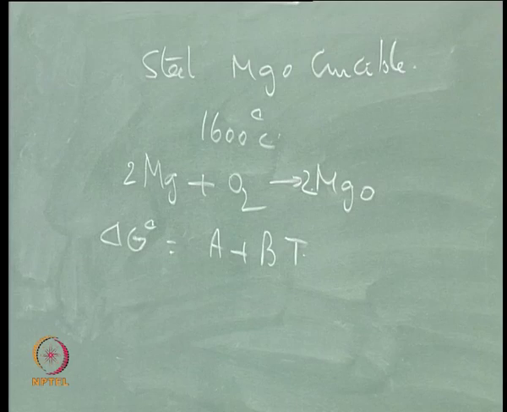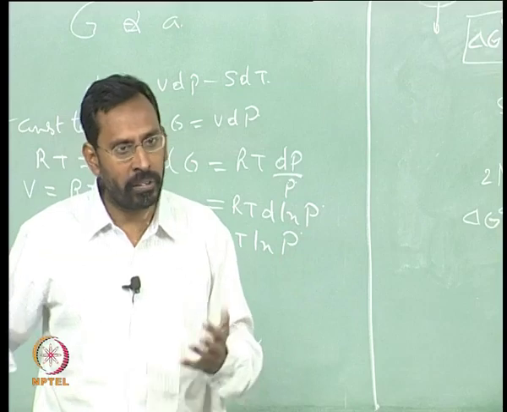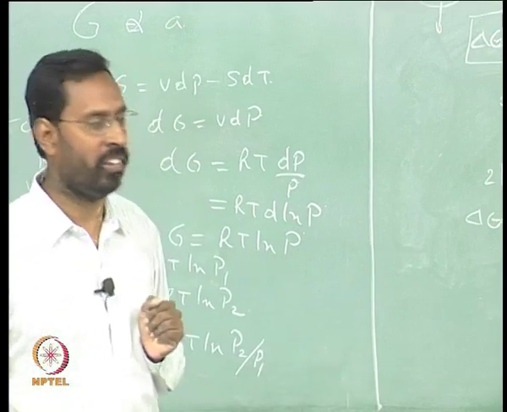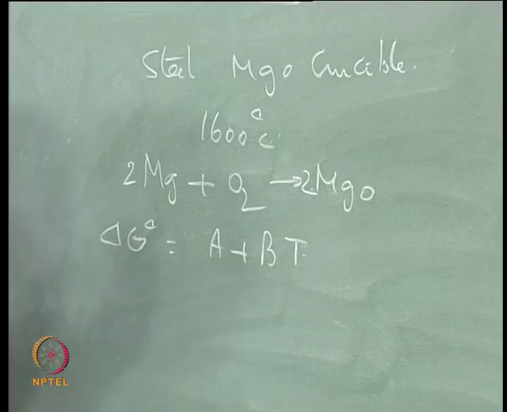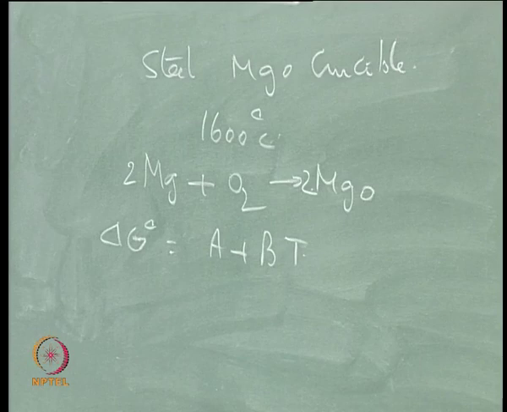At atmospheric pressure, do this reaction at various temperatures, measure how the delta H is changing, and from that you can actually get this. In fact, people have done this for various reactions, and these standard values are available.